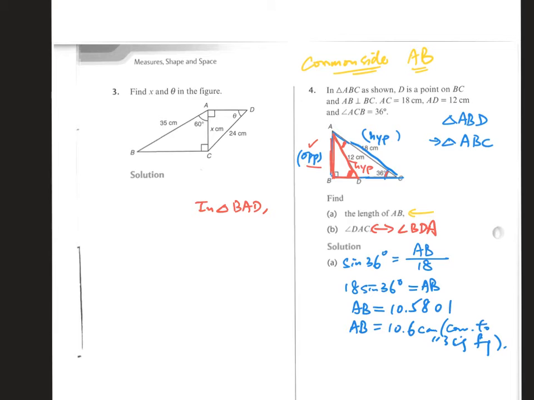Is it alright? So this one is again sine theta, sine of angle BDA this time, equal to AB, which is 10.5801, divided by 12. Now take out your calculator, find this fraction, then shift sine and see whether you obtain the result, which is, okay, let's check by calculator together.